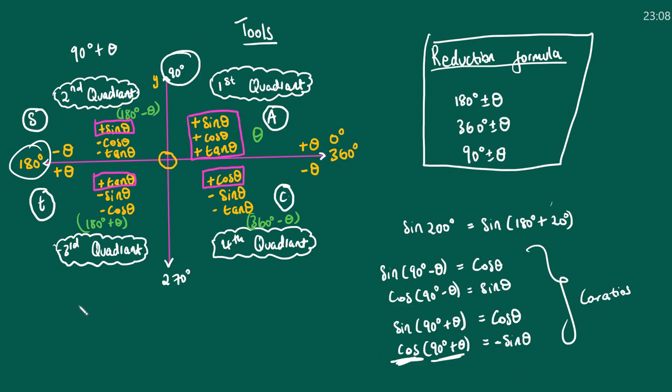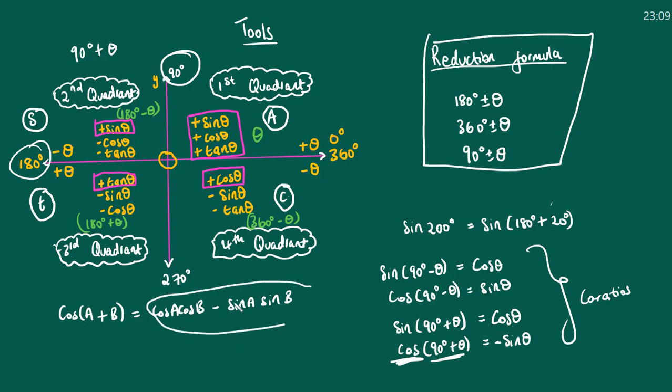And when do we use compound angles? Like, let's say cos(A plus B) is equal to cos A cos B minus sine A sine B. When do I know that I have to express the angle as a compound angle? Well, you do that if you want to prove something, or if what you are given has more than two angles.